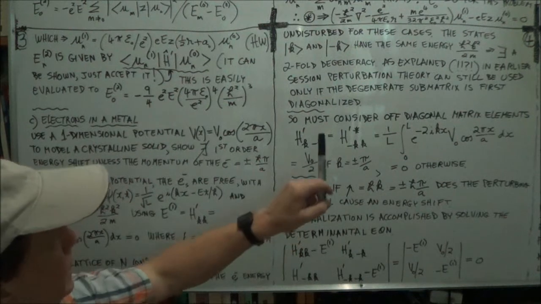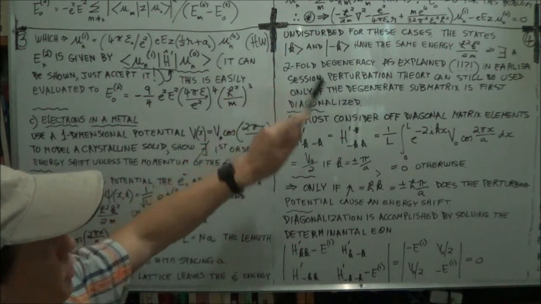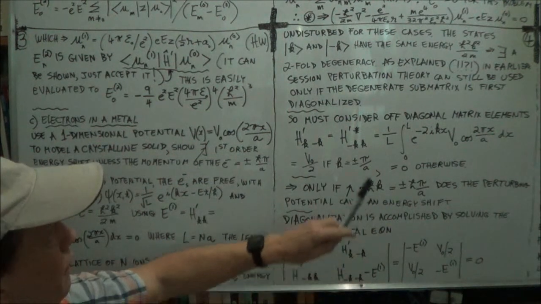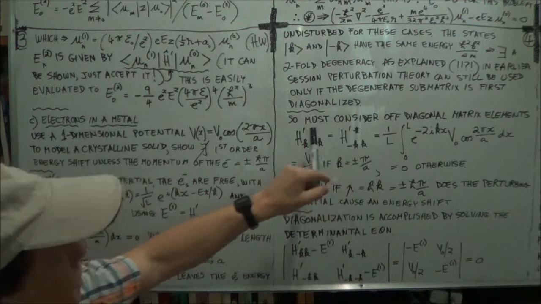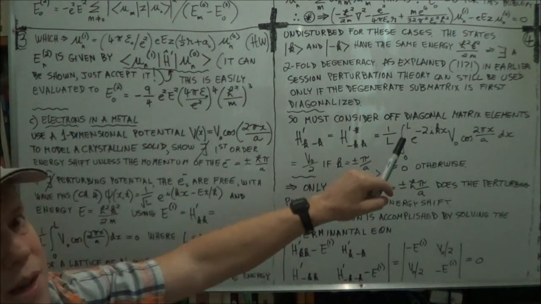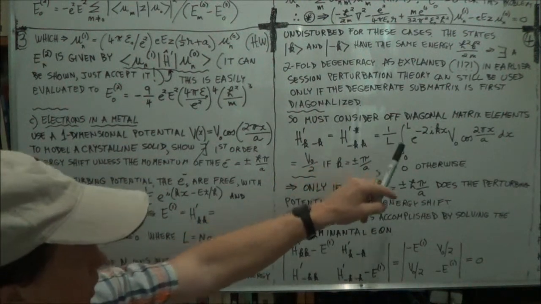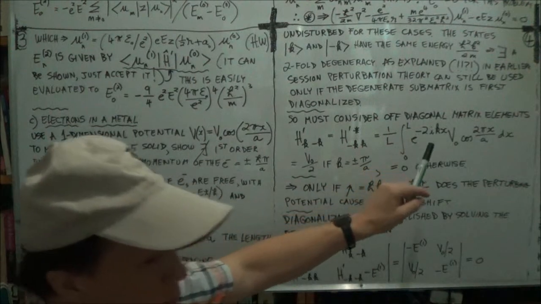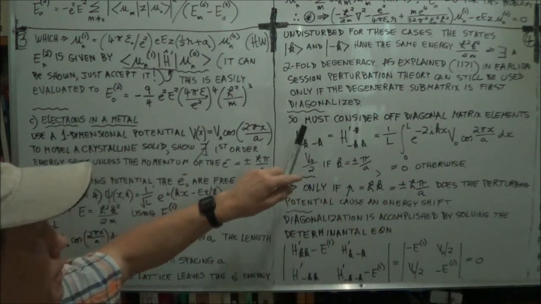Well, in trying to diagonalize the matrix, you need to consider the off diagonal matrix elements. You may ask why. Well, if you don't know how to diagonalize a matrix, don't worry about it. But if you do, you need to do this kind of thing.